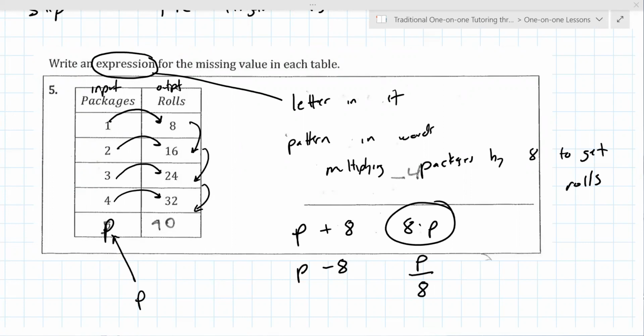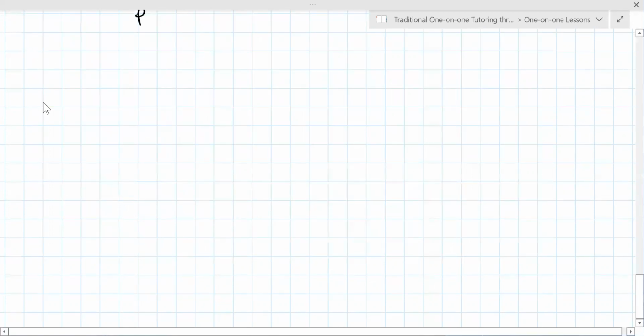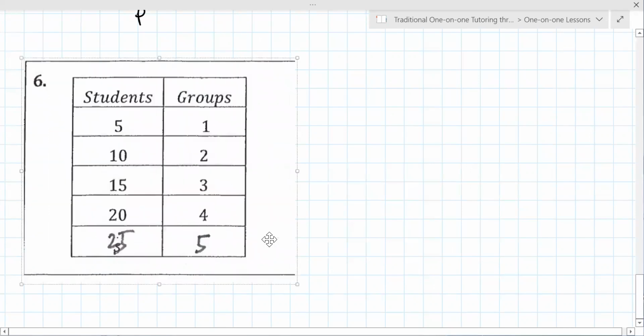All right, so let's look at number 6. Okay, number 6. Is that an S down there? Yeah. Okay.